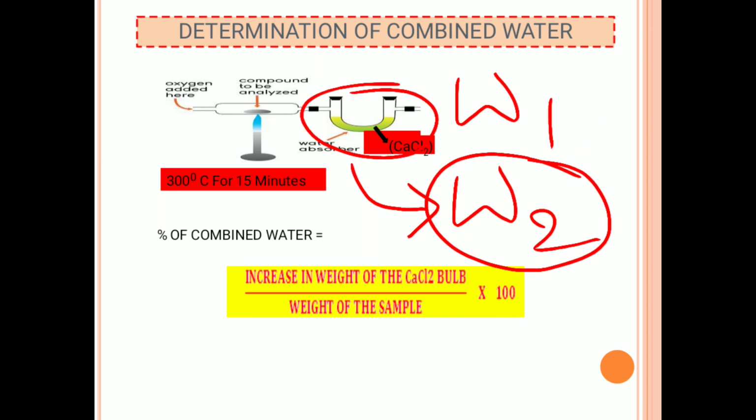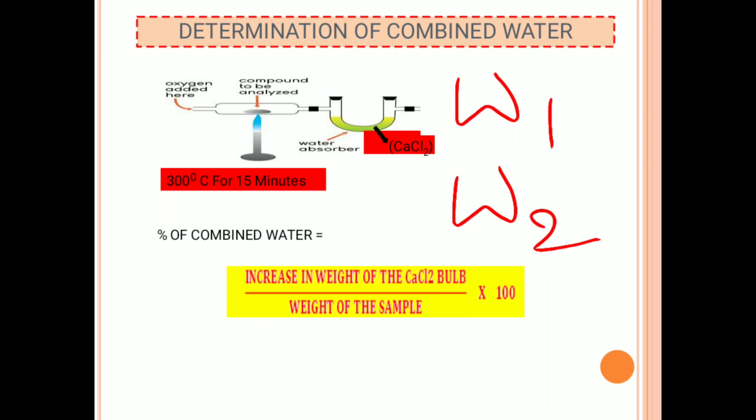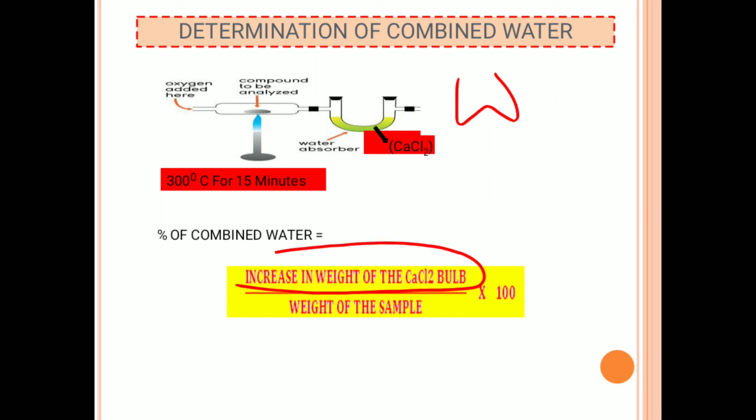As you need to determine the combined water, here the increase in weight of the CaCl2 bulb by weight of the sample into 100. By using this formula, you can calculate the percentage of combined water.